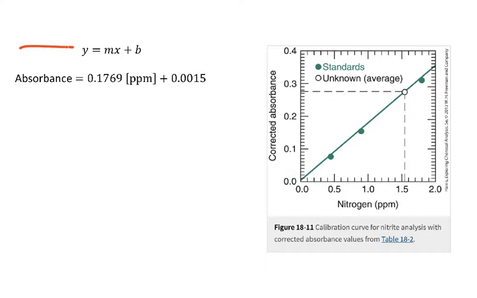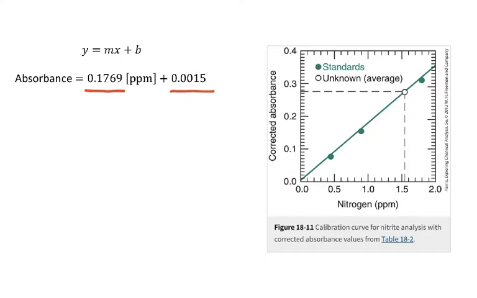And then we can plug this into Excel or something and produce a linear regression and get a line. So here, the slope is 0.1796, and the y-intercept is 0.0015.